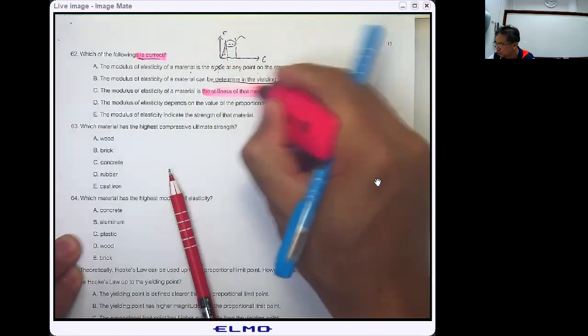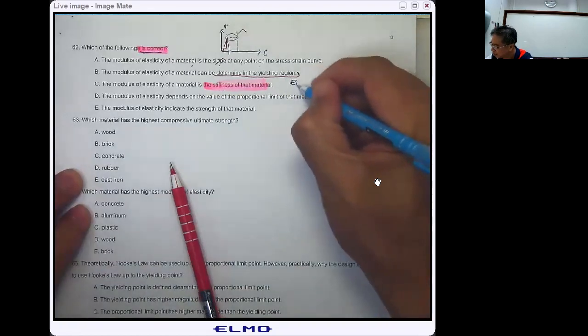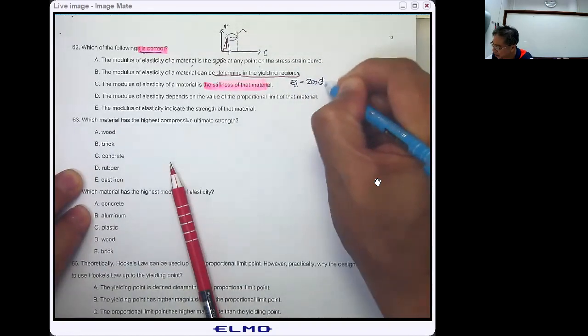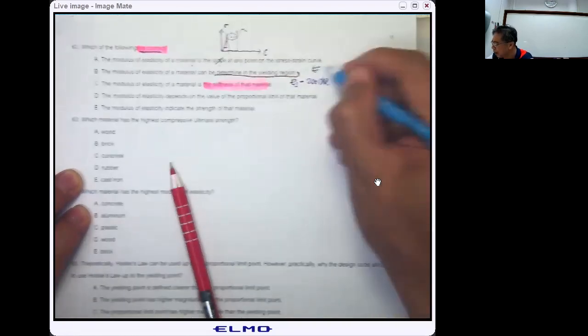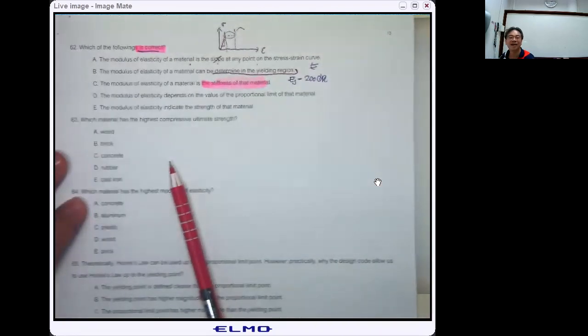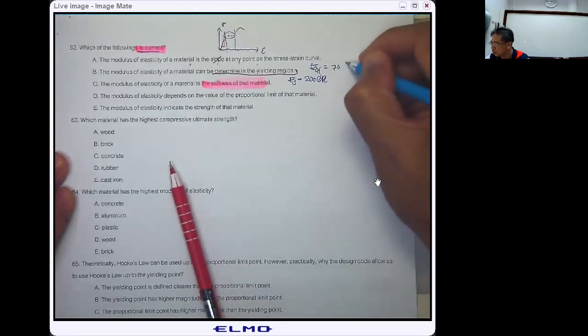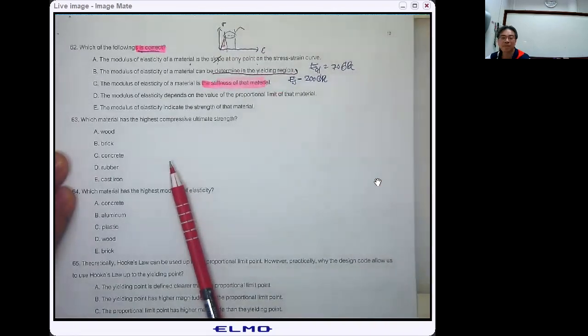This is going to show the stiffness of the material, and E sub S is about 200 gigapascal. And if you have the E for aluminum, that is going to be about 70 gigapascal.